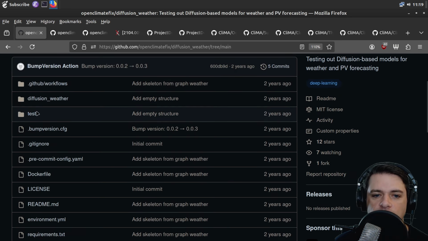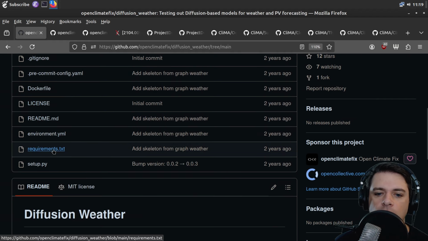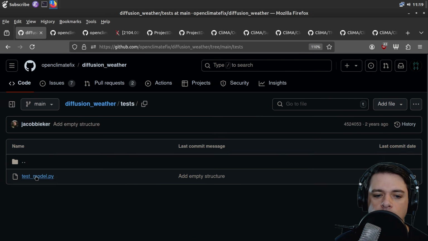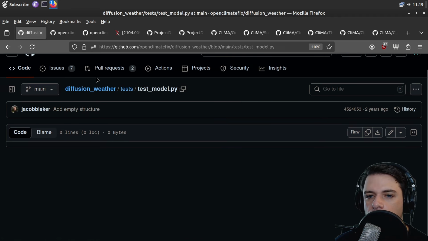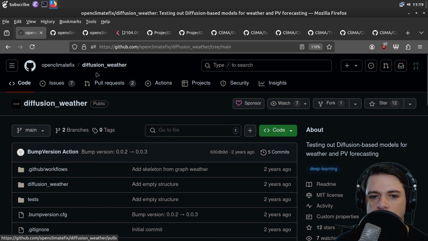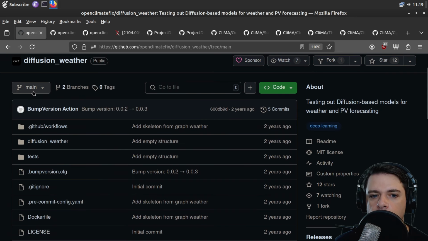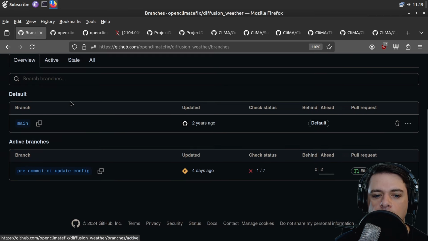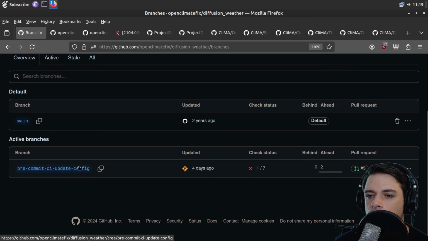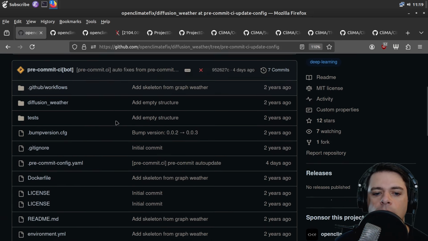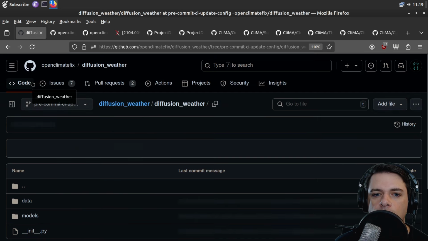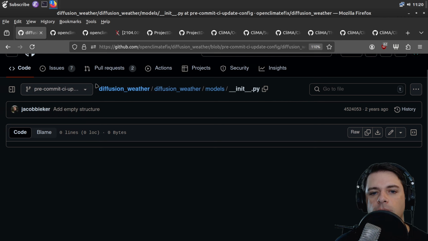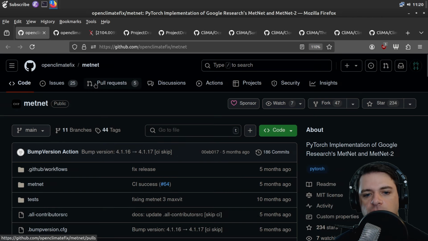We have workflows, we have tests, and some requirements. And we have test model.py. Add empty structure 2 years ago. This is the craziest Git repo I've ever seen. There seems to be nothing there.